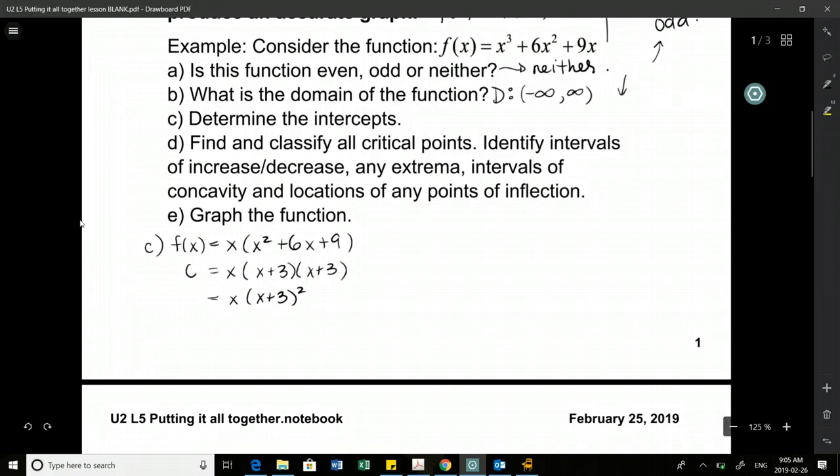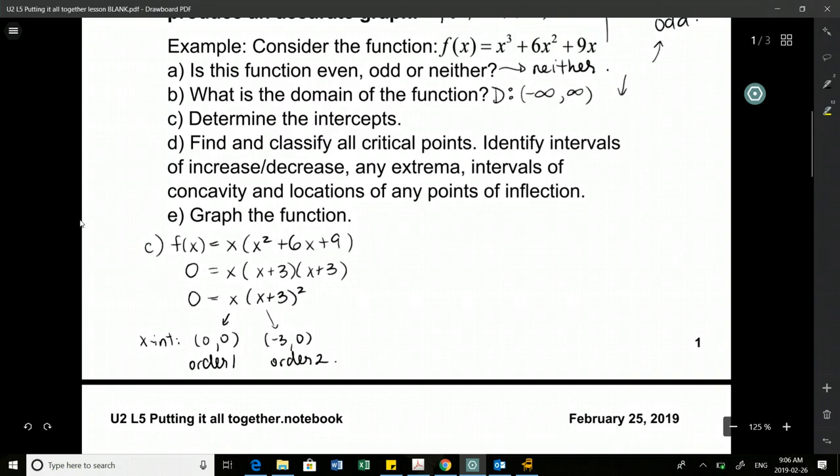Okay, and usually we set f of x equal to 0 when we're solving for x-intercepts, because x-intercepts have y values of 0. So my x-intercepts are 0, 0, order 1, and negative 3, 0, order 2.